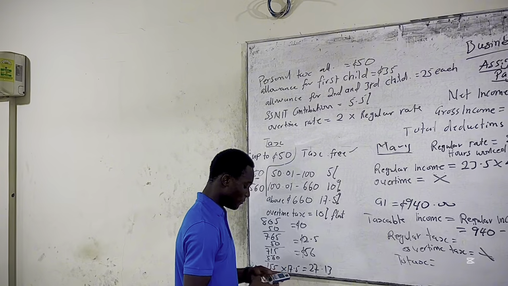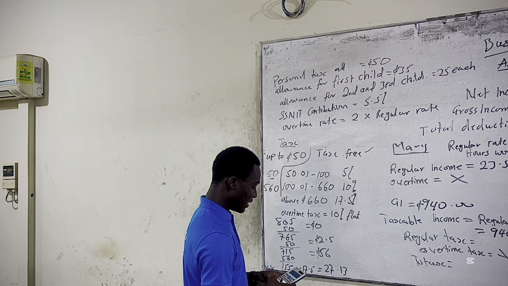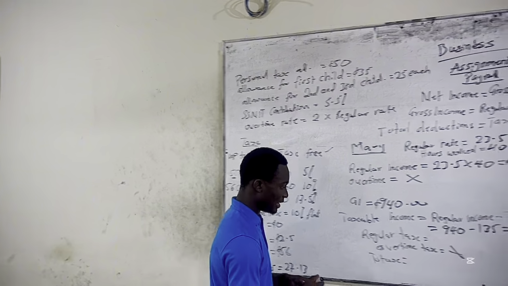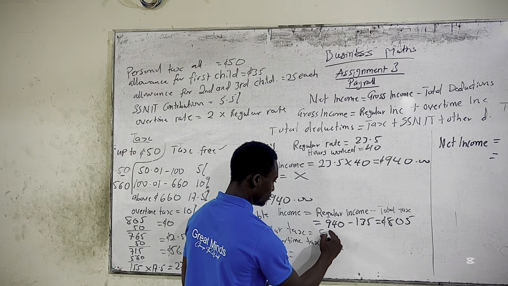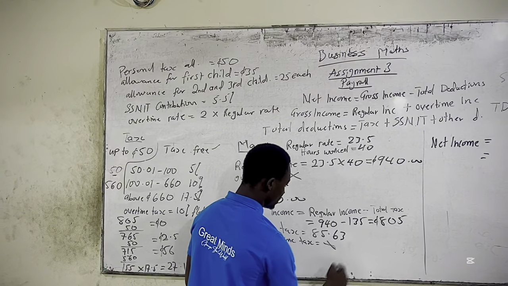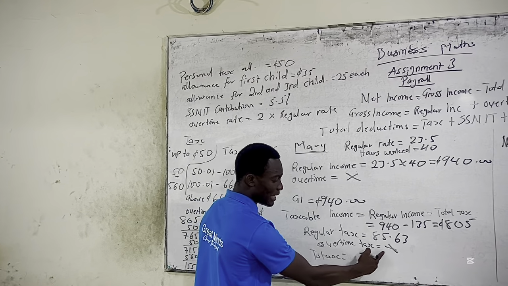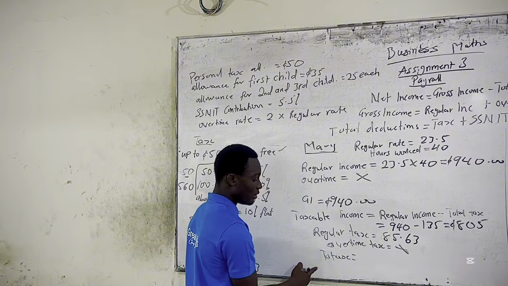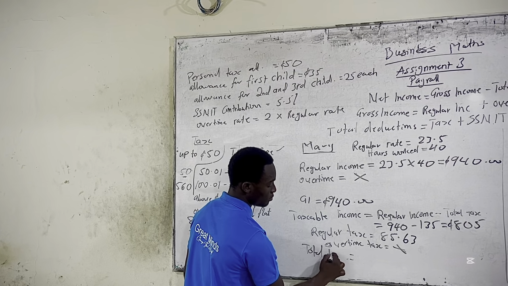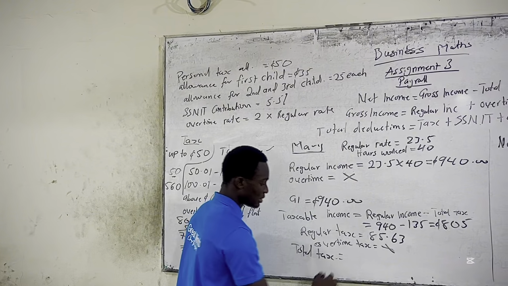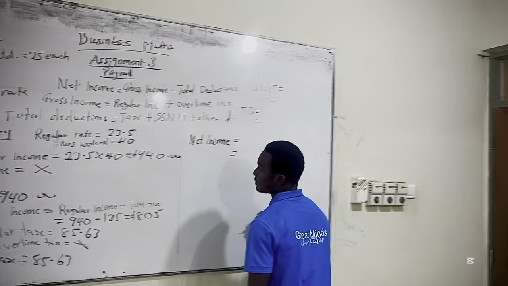So if we add the 56 and then the 2.5, we are going to get 85.63. Because we have no overtime tax, right? The total tax is going to be the same as what? It's going to be the same as regular tax, which is 85.63.